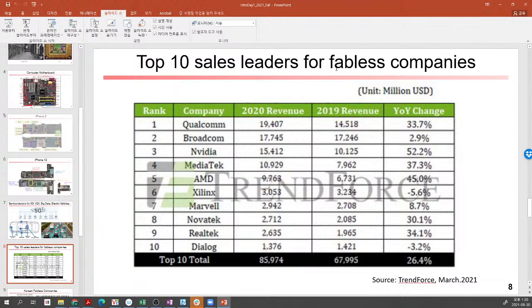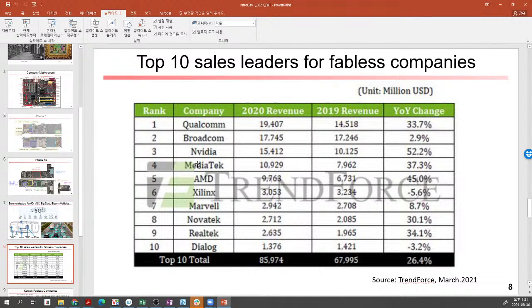So Qualcomm is a Fabless company, and that is the number one rank. They have the largest sales revenue. The second one is Broadcom, and the third one is Nvidia. You know that Nvidia is dealing with what? Graphic processors, right? And then MediaTek, AMD, Xilinx, Marvell, Novatek, Realtek, and Dialog, up to the top 10 sales leaders.